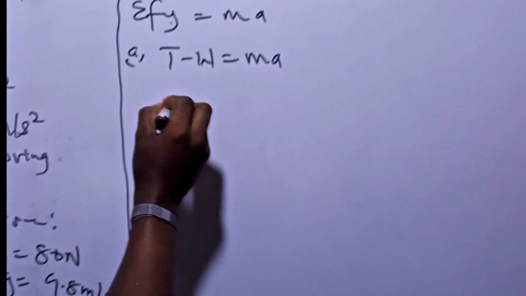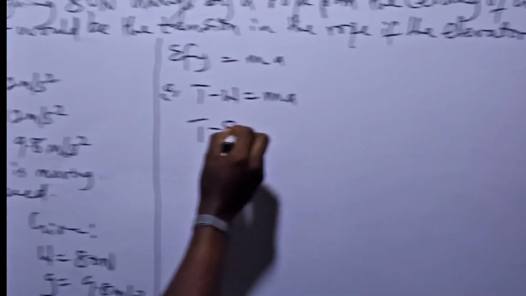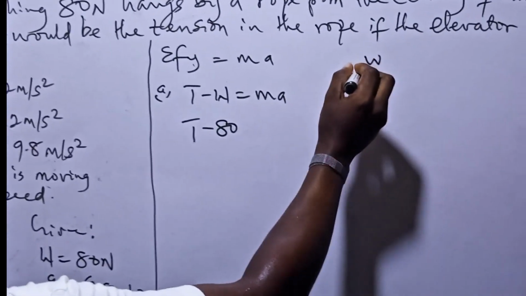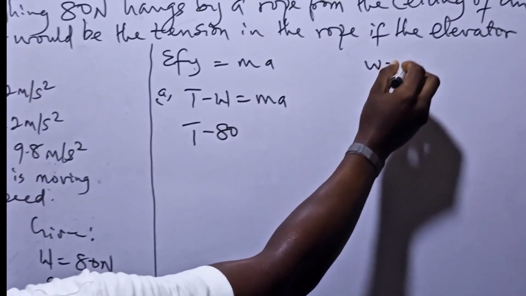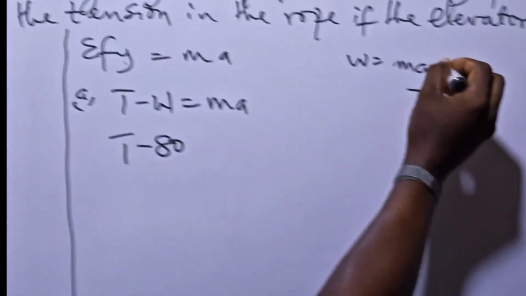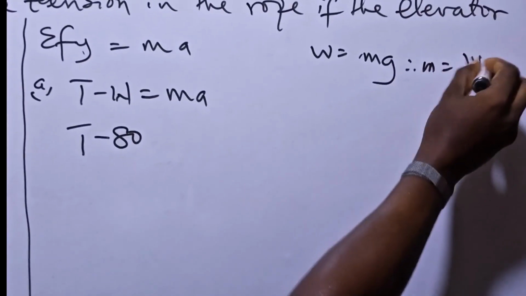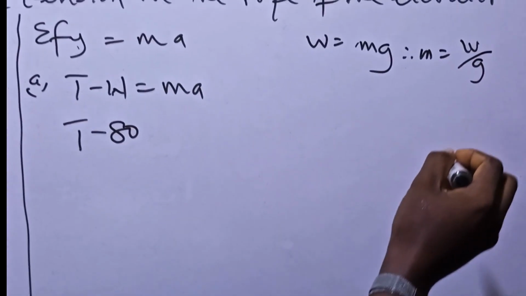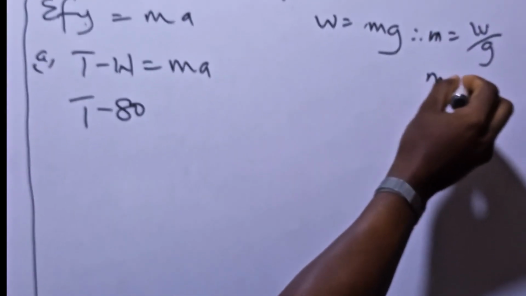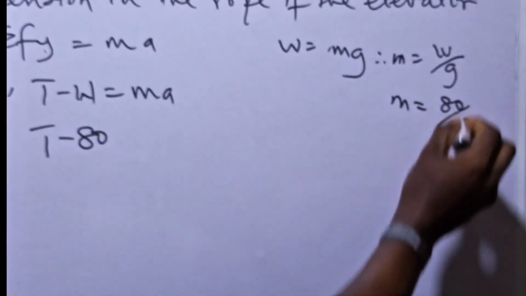Therefore, the weight is 80 Newton. We have that weight equals mass times acceleration due to gravity. Therefore, mass will be weight over acceleration due to gravity, and mass is 80 Newton over 9.8.